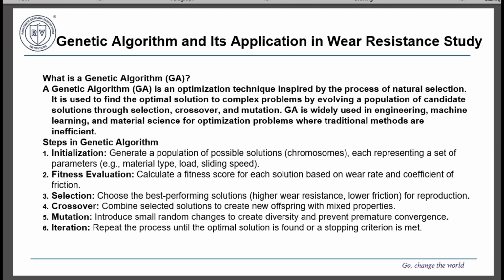Crossover: combine selected solutions to create a better, withstanding, stable, and durable material. And then mutation and iteration, to repeat the same process again and again to get the optimized solution.